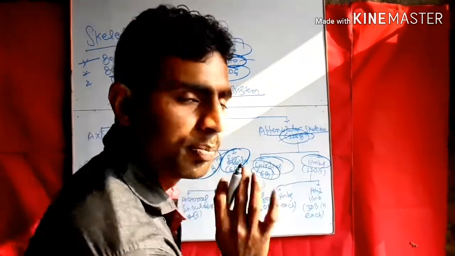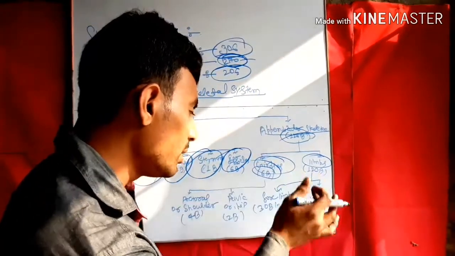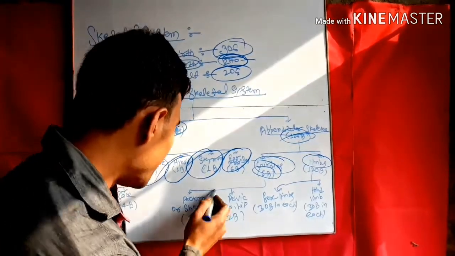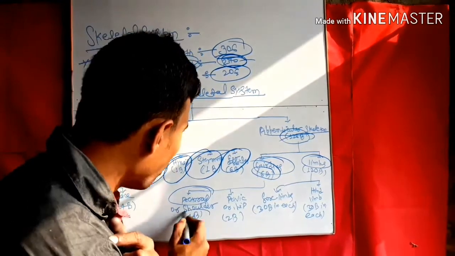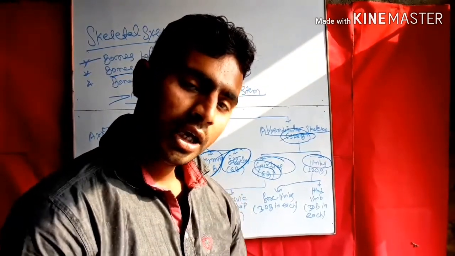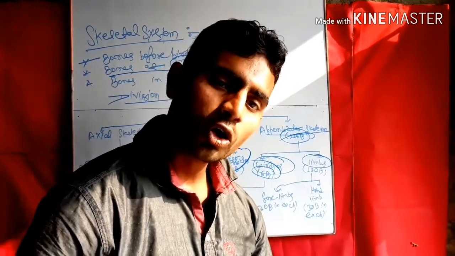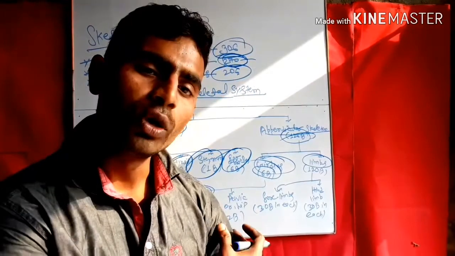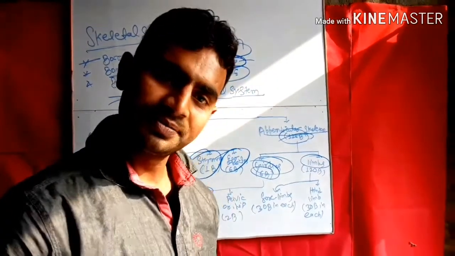In the girdle part 6 bones are present, and the girdle part is also divided into 2 parts. One part is the pectoral, which means the shoulder part, in which 4 bones are present. Why? We have 1 pair of shoulders, and 1 shoulder has 2 bones. So 1 pair of shoulders has 4 bones.